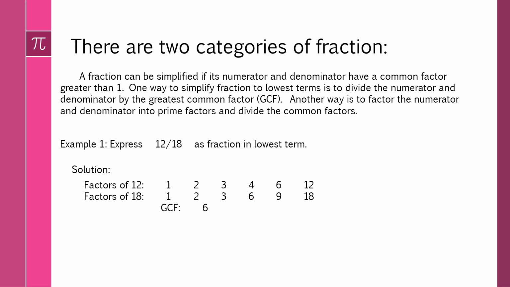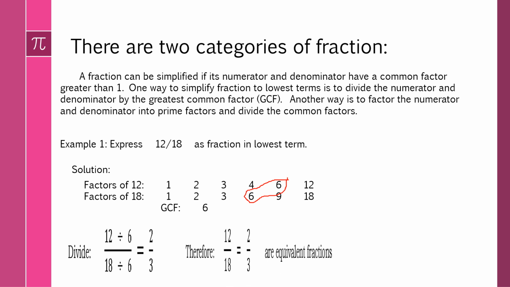Now, their greatest common factor is 6. Then we divide 12 divided by 6 and 18 divided by 6. So this is 2 over 3, or 2/3. Therefore, 12 over 18 is equal to 2/3. These are equivalent fractions.